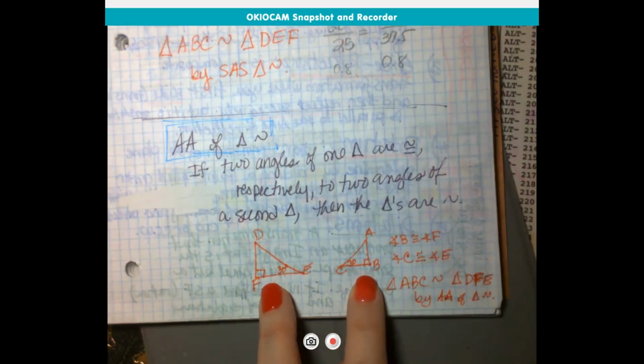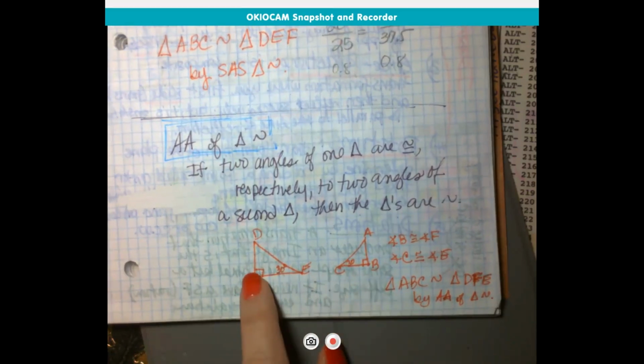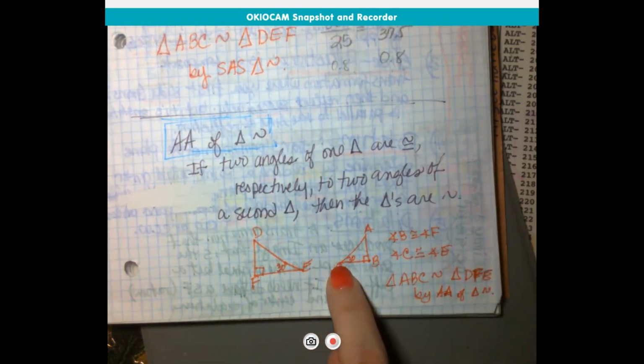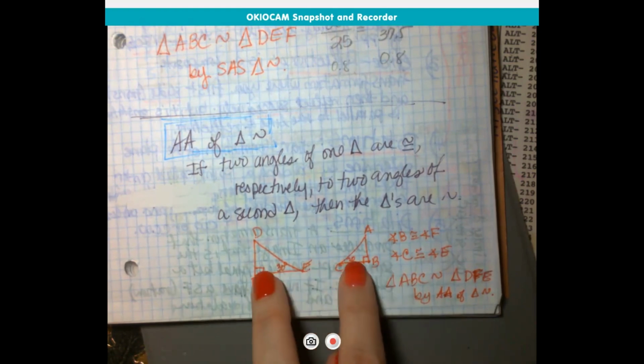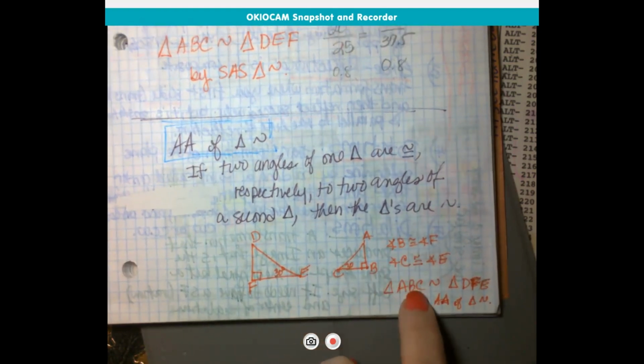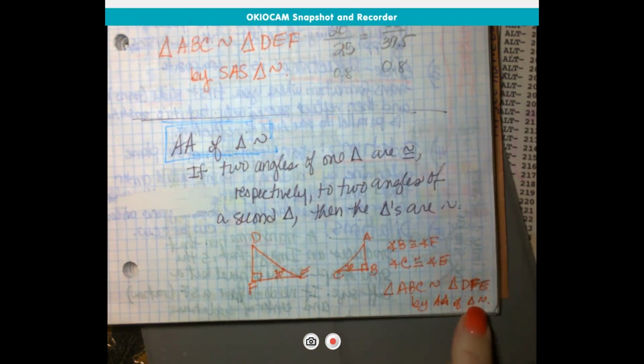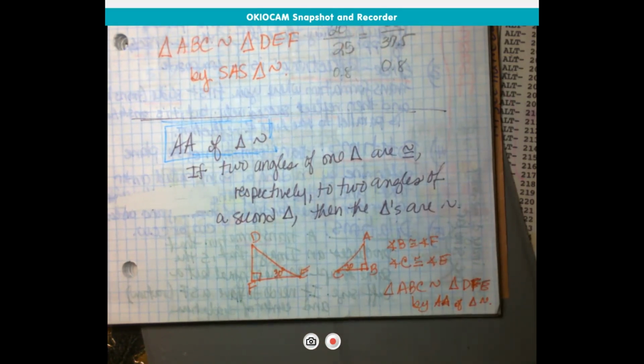It can be anything as long as they give you 2 angles. Here I give you an angle by giving you the 90, and here I give you another angle by telling you that that's 30. So with those 2 angles correspondingly congruent, then the triangles are similar by angle of triangle similarity. I know, take pictures or later on watch the video and you can pause and write it down.